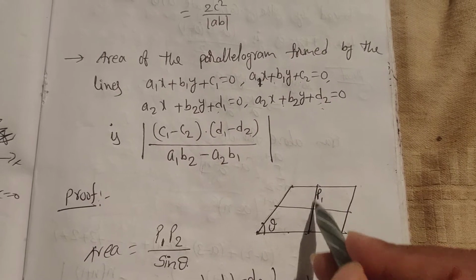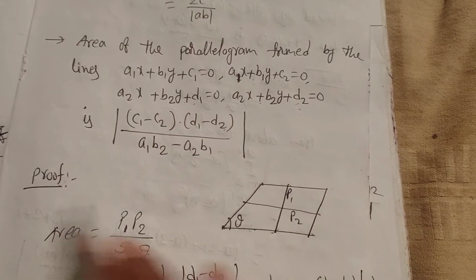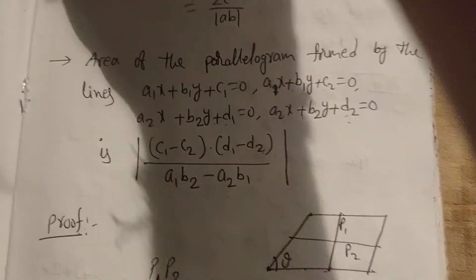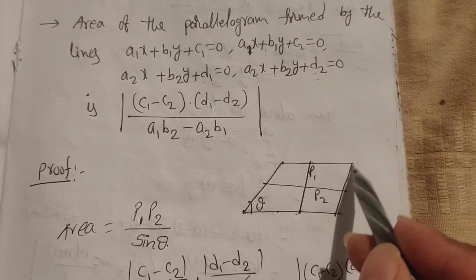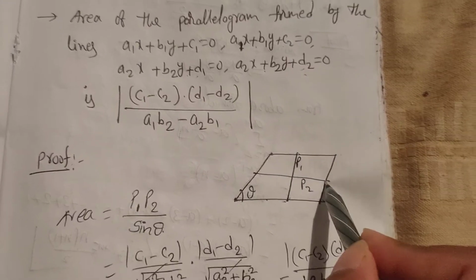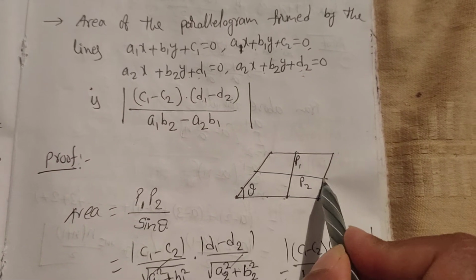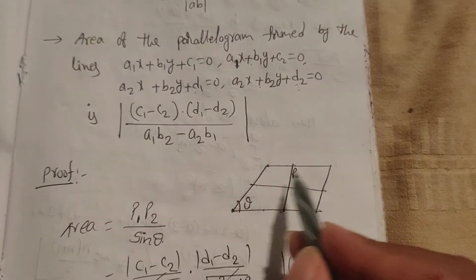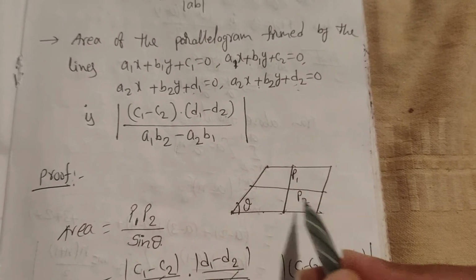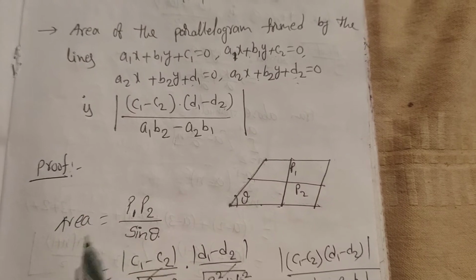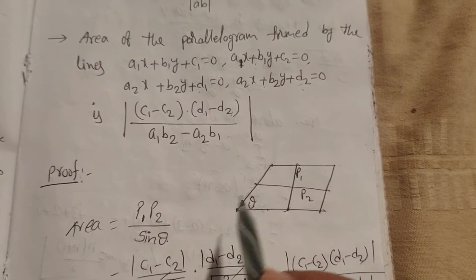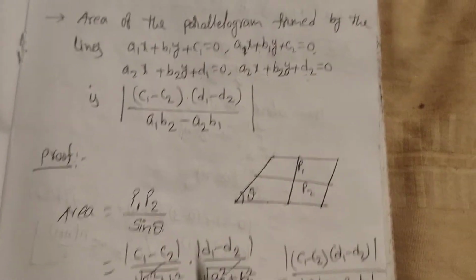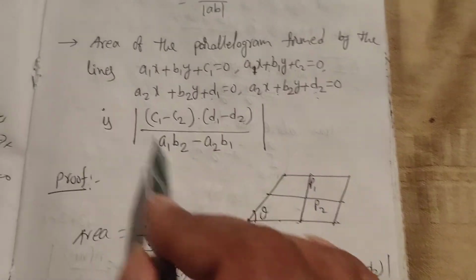It is the distance between these two parallel lines is p1, and second, the distance between these two parallel lines is p2. It is not the given height of the parallelogram. Distance between opposite sides p1 comma p2, then area is equal to p1 p2 by sine theta, where theta is the angle between any two adjacent sides. In the coordinate system only we have this. Based on this one I am proving this one.